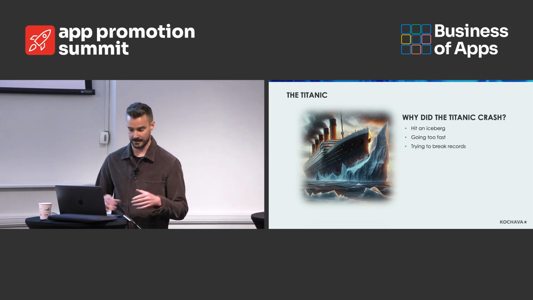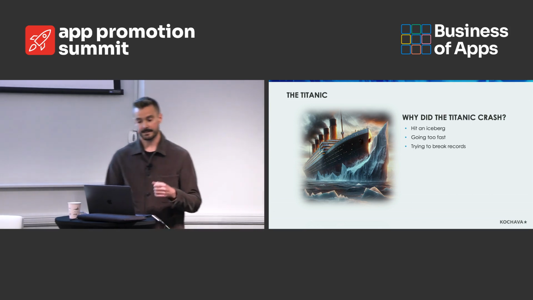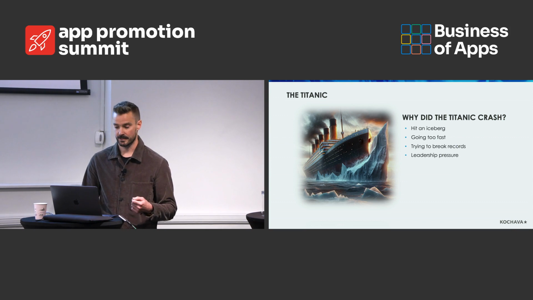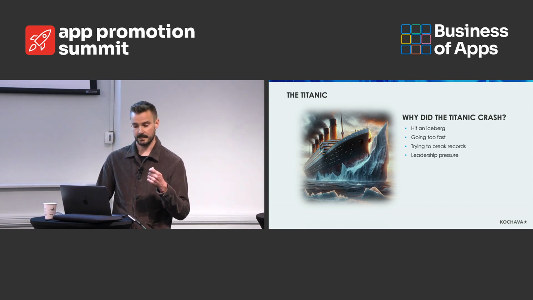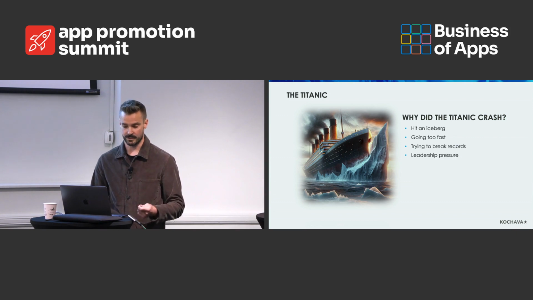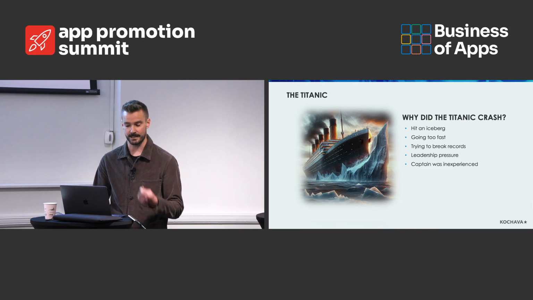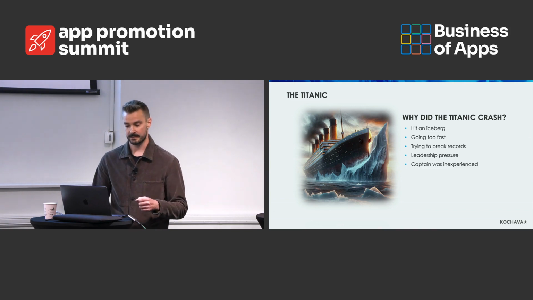At the time of the Titanic, it was a very competitive market. So they were trying to prove that the Titanic was the quickest way to get to America. It was trying to break the records because the company that owned the Titanic, the leadership team, were putting pressure on the captain. He was an experienced captain, but no one was experienced at captaining the world's biggest ship.